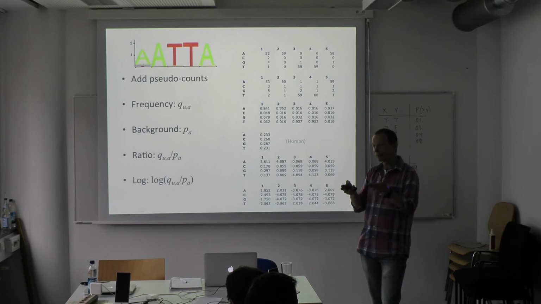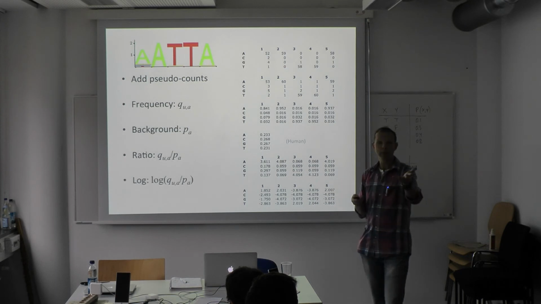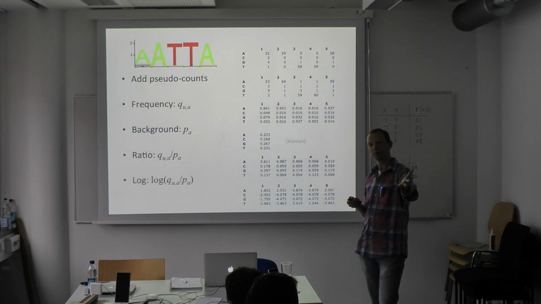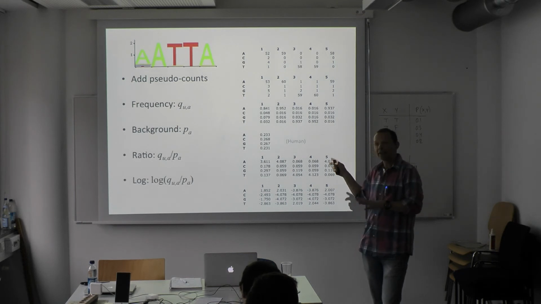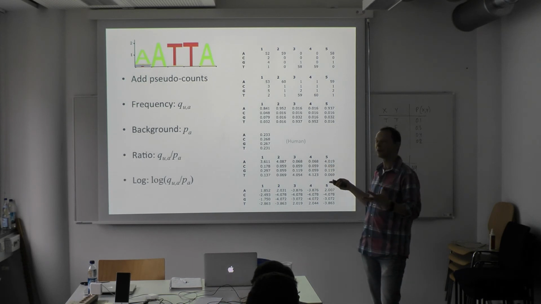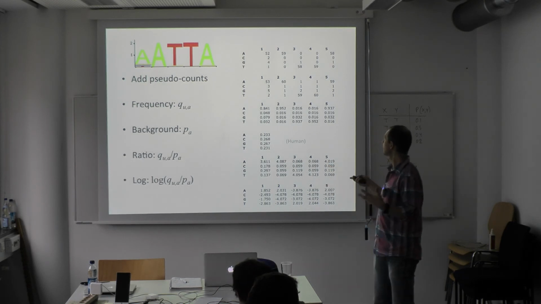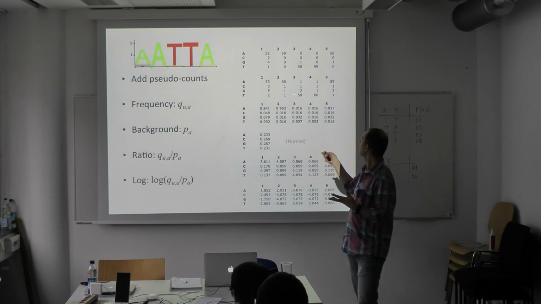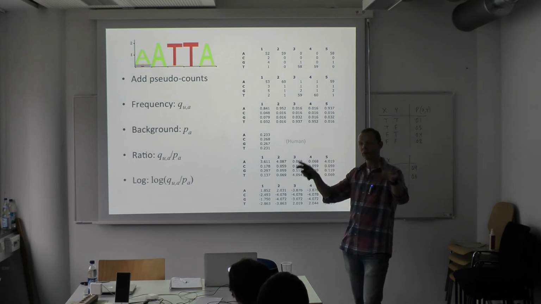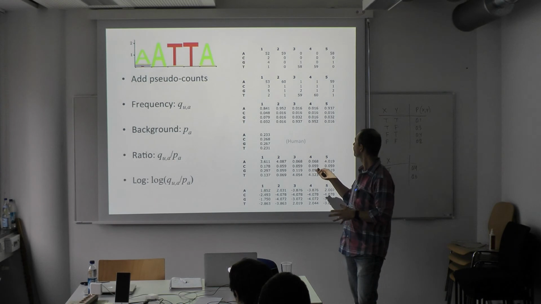Or we could weigh them somewhat, perhaps along the lines that Max suggested earlier, that we use a background frequency. We will not do that here because that background frequency can be incorporated in a slightly different way. So let's leave it as a uniform pseudo-count here.